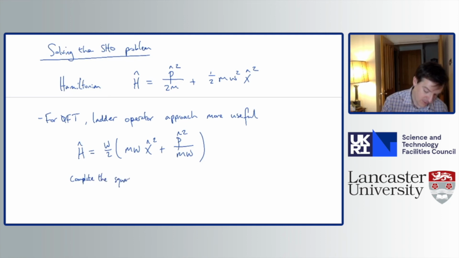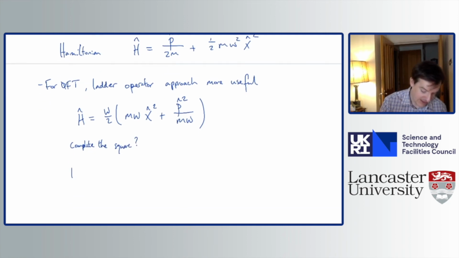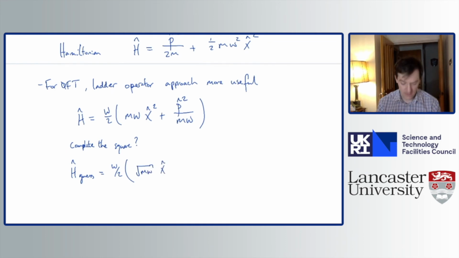In other words, we could guess that our Hamiltonian can be factorized in a way where we complete the square. So we would have m omega x, and here we have factors that are just linear in x and p.